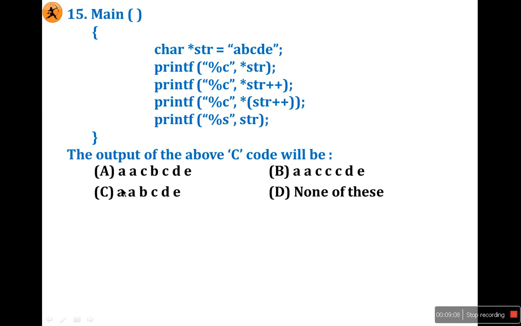Most of the time none of these is not the answer, but don't stick on the answer. If you are not able to manage the time, then we'll go like this.